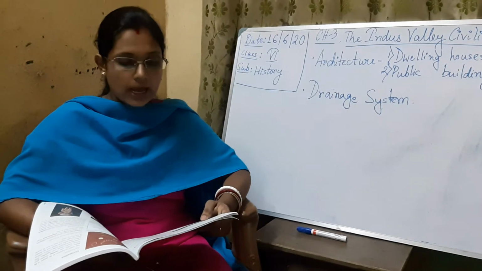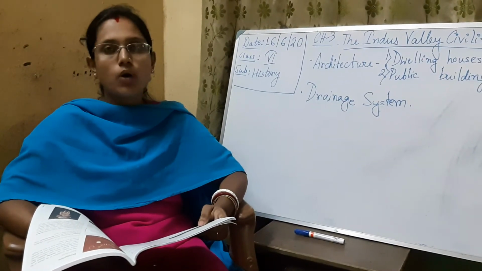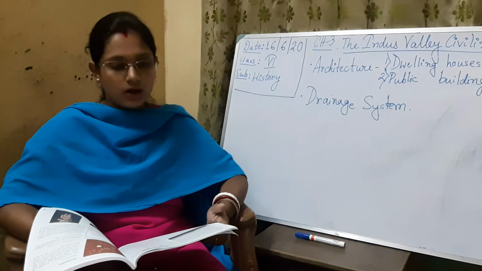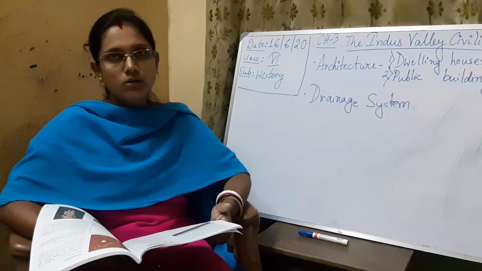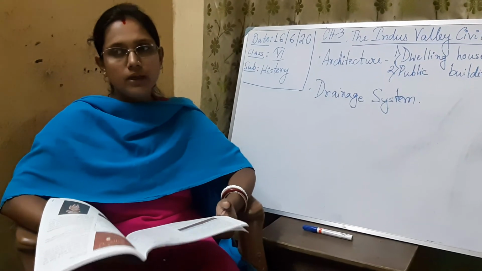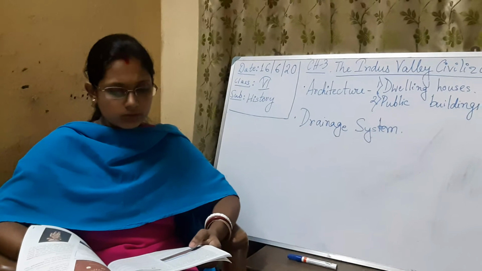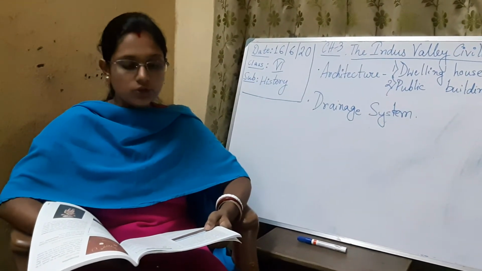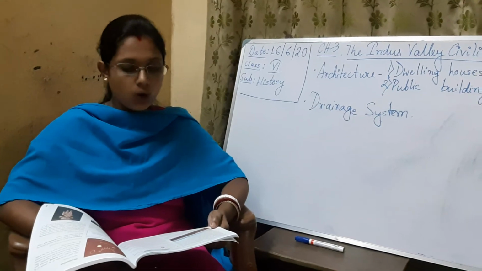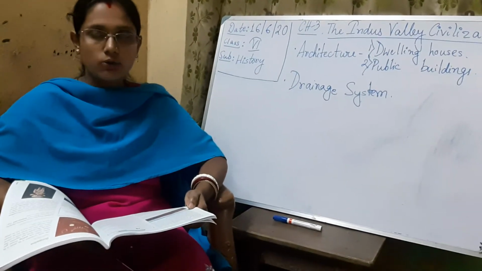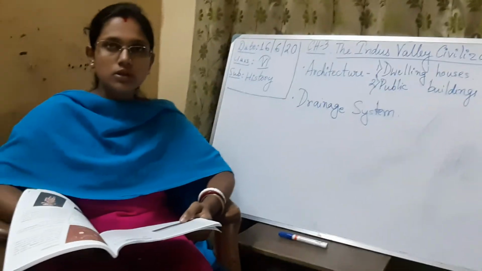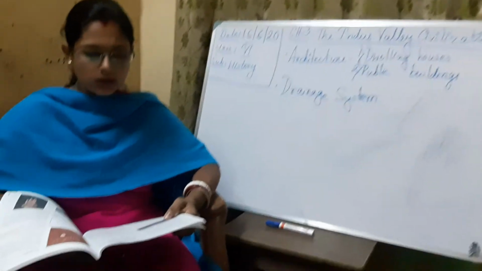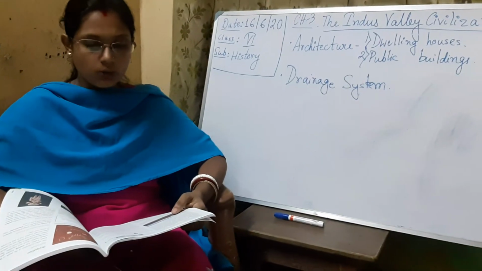And the used water, meaning the water after many bathings are done, was drained out through an outlet in one corner. In one corner there was an outlet, so the used up water was drained out through it.